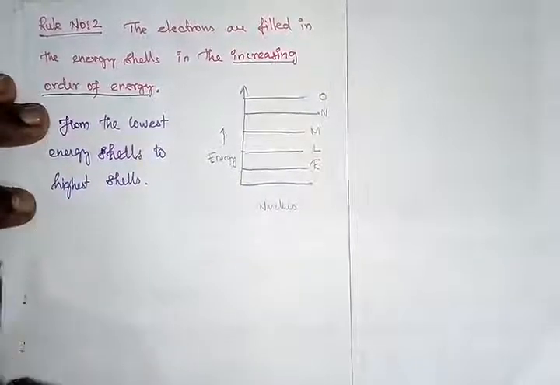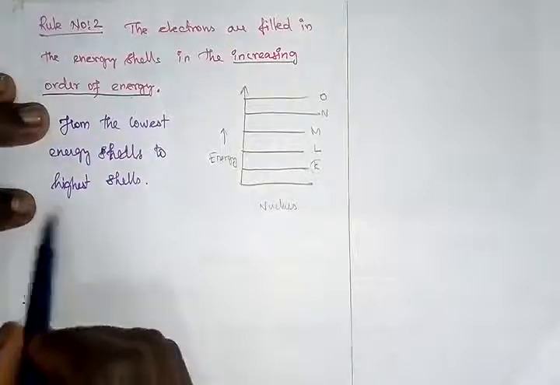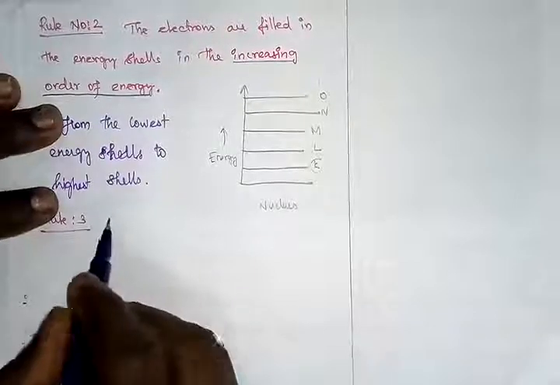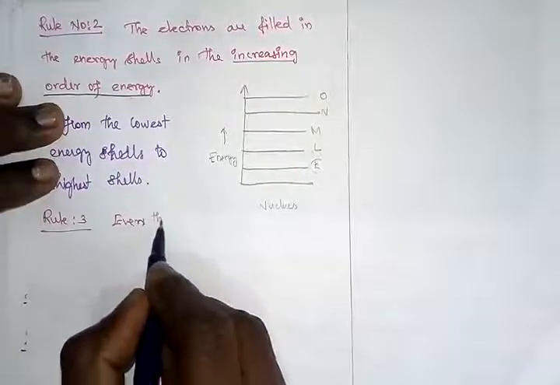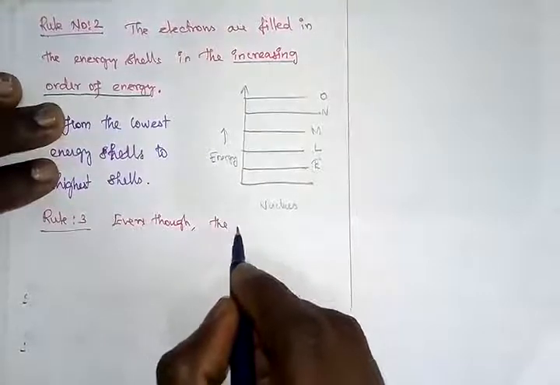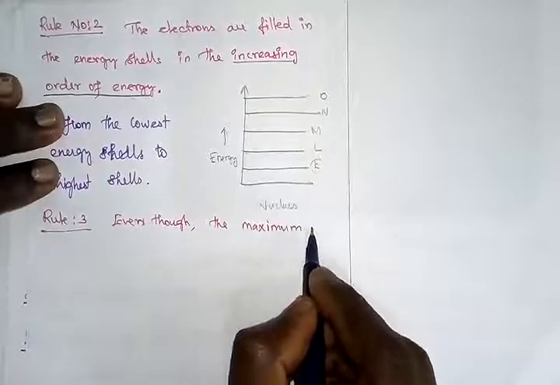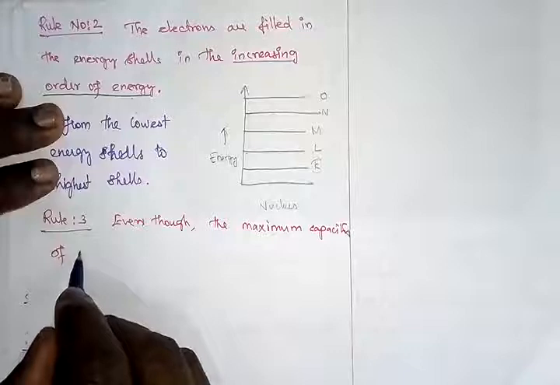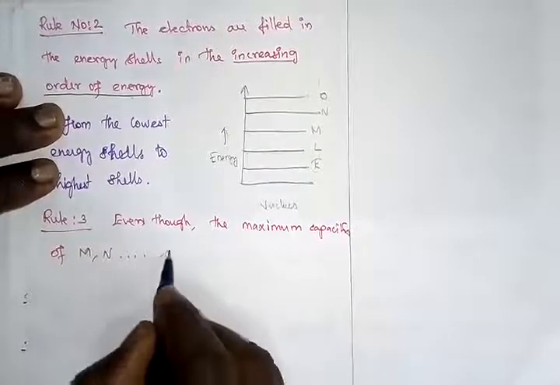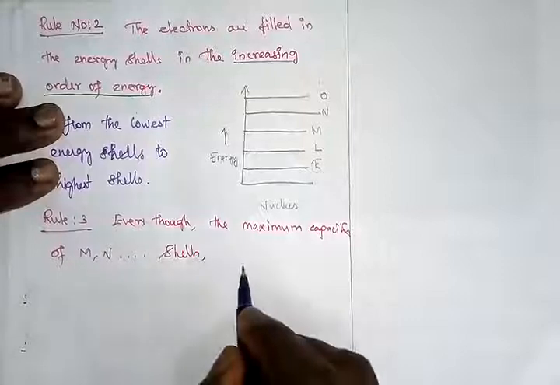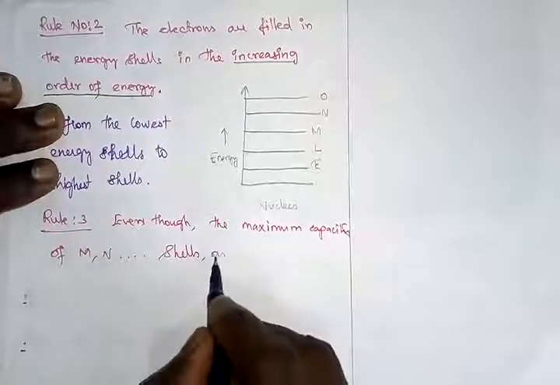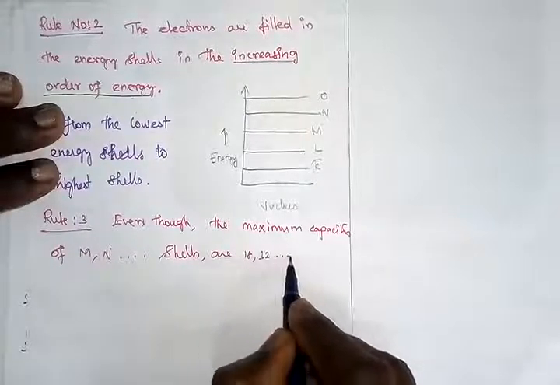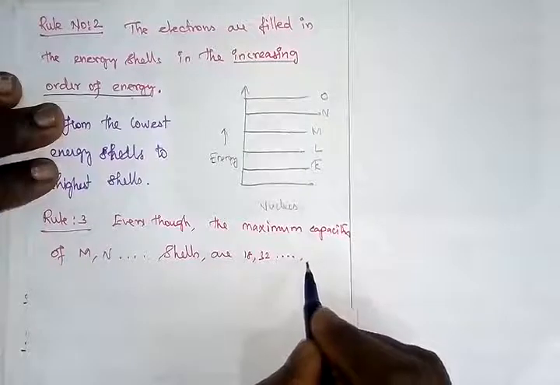So the rule number 3 is: even though the maximum capacity of M, N and so on shells, even though the maximum capacity of the M shell is 18, 32, and so on, right?